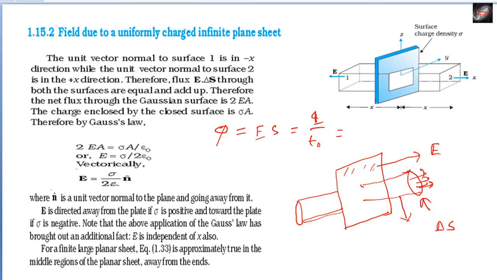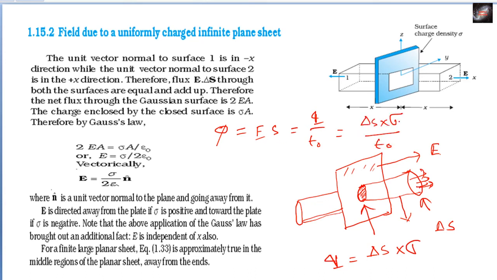Q means the charge which this Gaussian surface encloses. This Gaussian surface intercepts this portion of the plate. So how much charge is in this portion? The area of this portion is delta S, and the surface charge density of the plate is sigma. So the charge enclosed by the Gaussian surface is sigma into delta S. So simply we reduce this here.